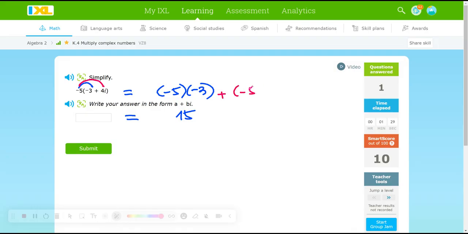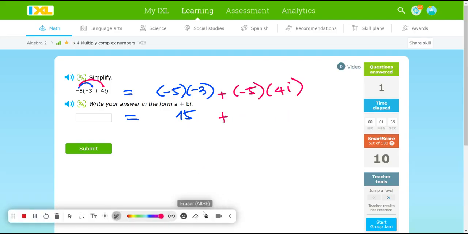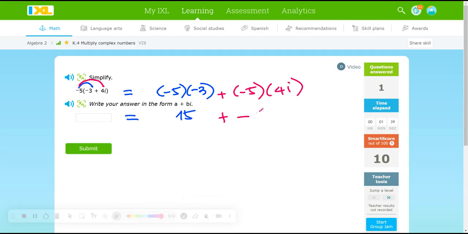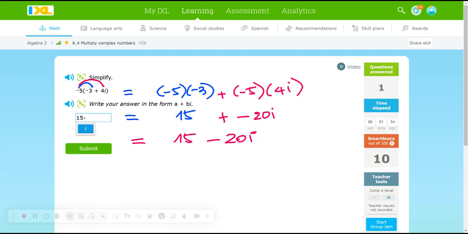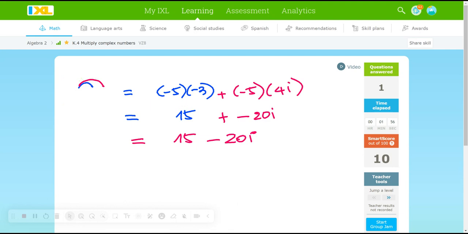So -5 times 4, that's a -20, and then i. Now you can write 15 subtract 20i. That's it. Done. 15 subtract 20i. Voila.